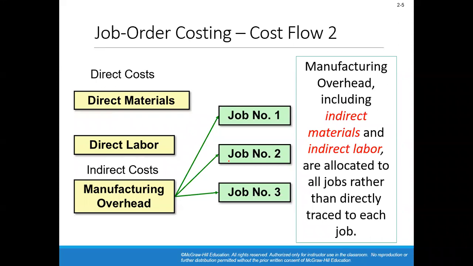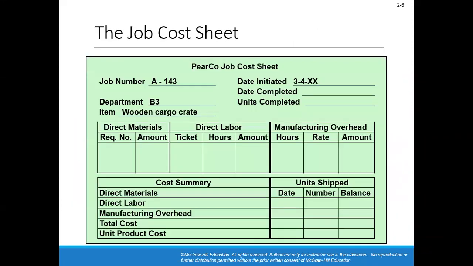Think of utilities, which are a purely indirect cost. So it is particularly challenging how we will assign the indirect cost to the different jobs. Okay. So let me take an example of how job order costing is used, and we will also try to solve the challenges we have identified. Okay.